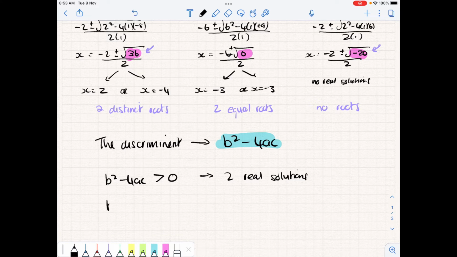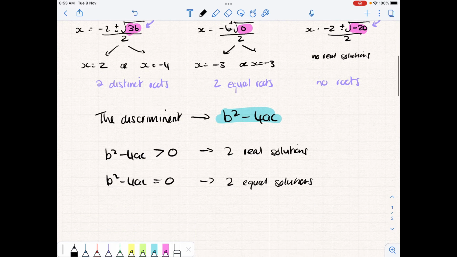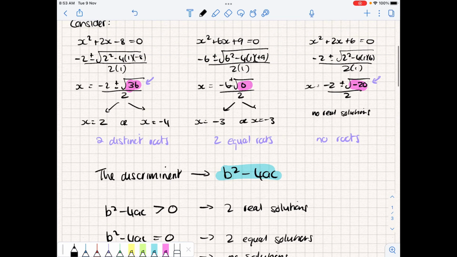If b squared minus 4ac was equal to 0, we would get two equal solutions. And finally, if b squared minus 4ac was less than 0, a negative number, we would get no solutions. So we can use the discriminant to determine the number of solutions that a quadratic equation might have.